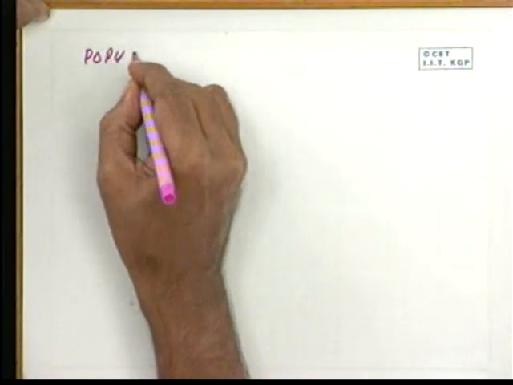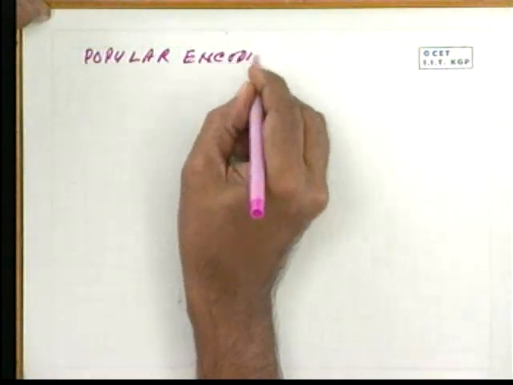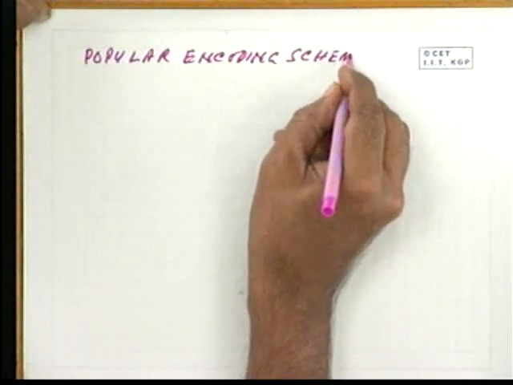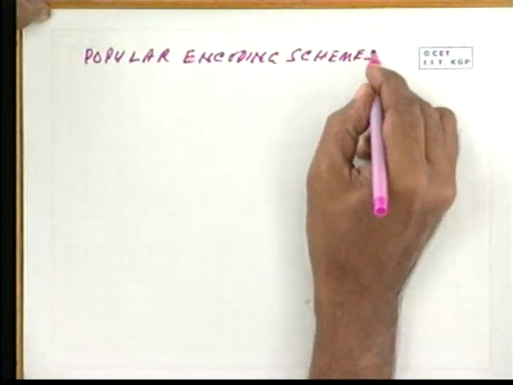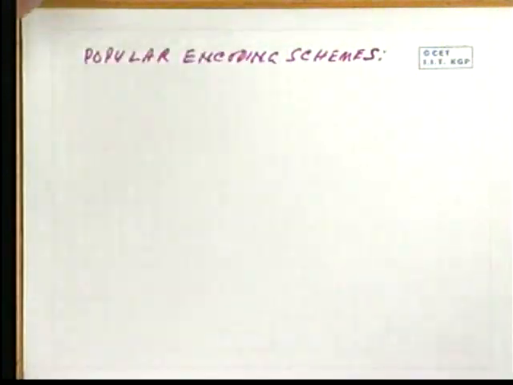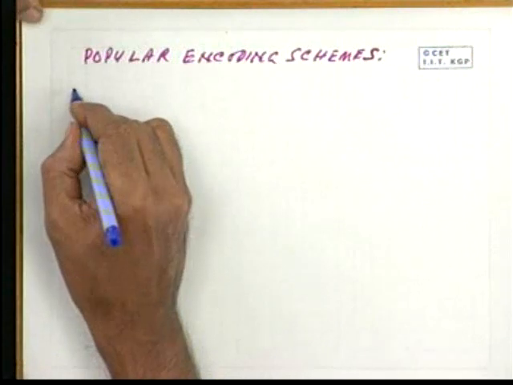Let us consider some of the popular encoding schemes. Say this is our data.